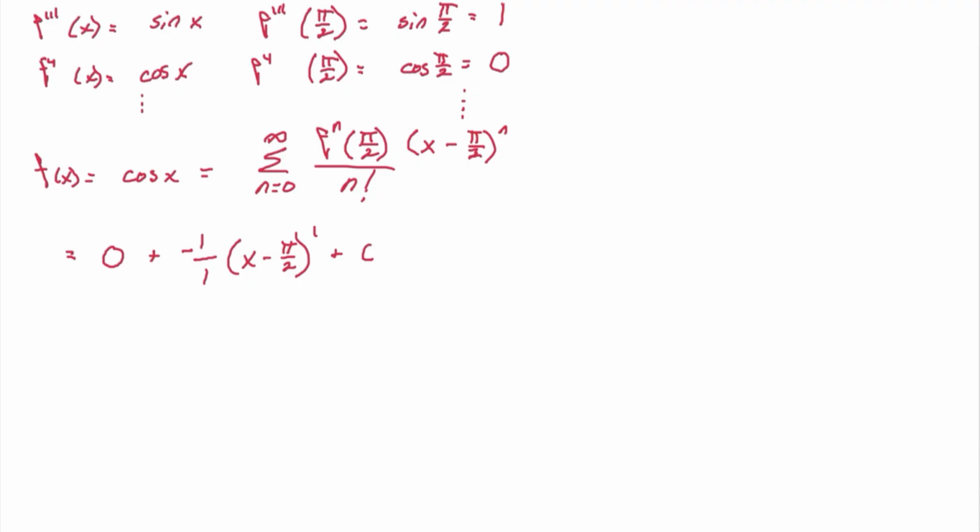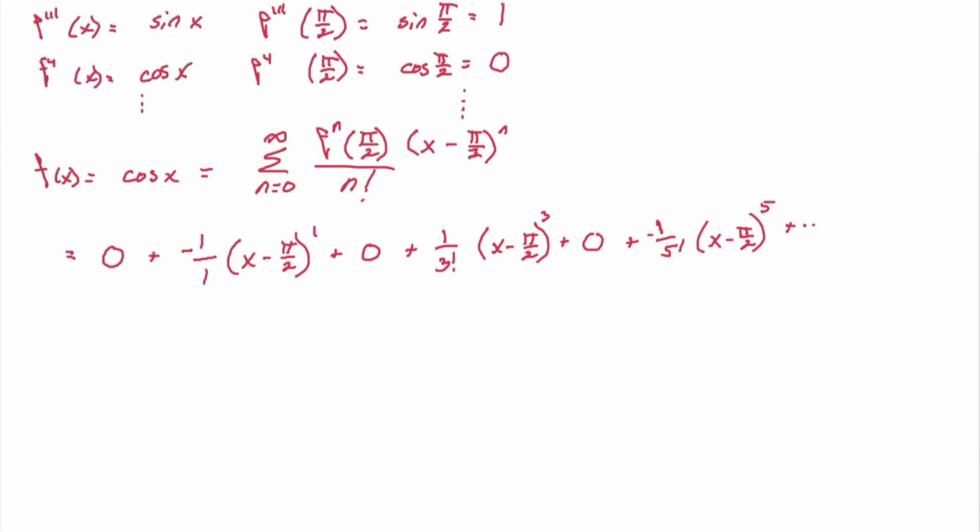Plus, again, we get a 0, plus, when n is 3, 1 divided by 3 factorial, times x minus pi halves to the third, and then a 0, and then actually negative 1 divided by 5 factorial, times x minus pi halves to the fifth, and that pattern is going to continue.